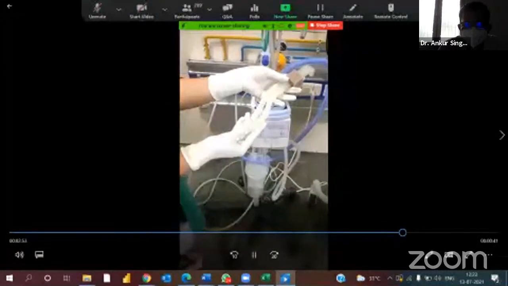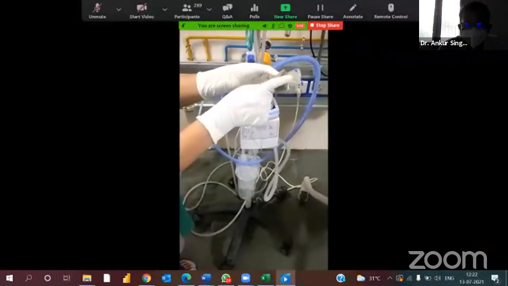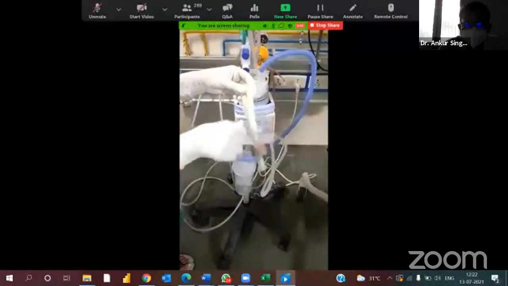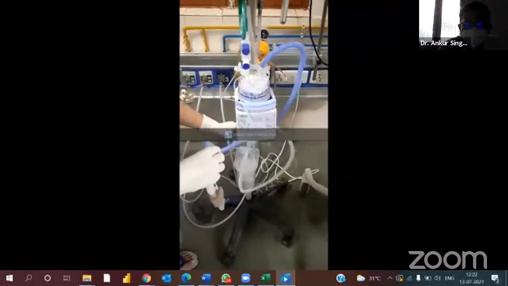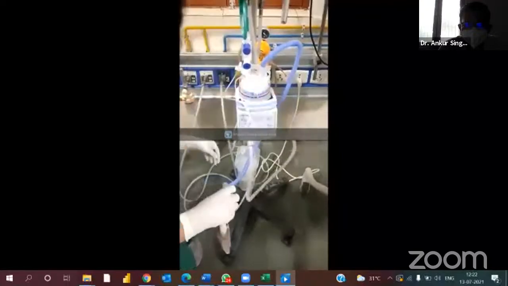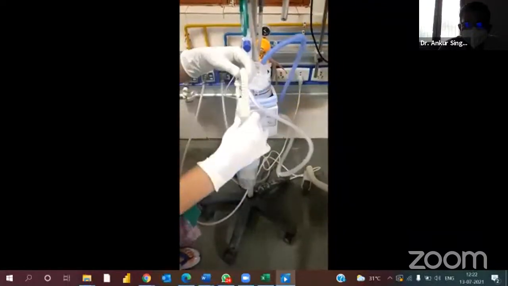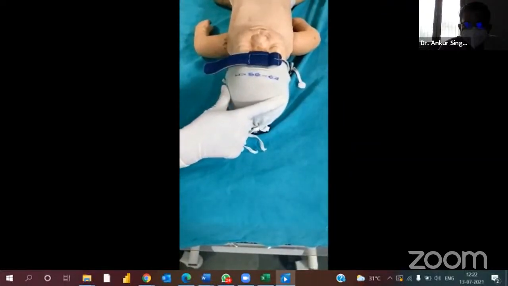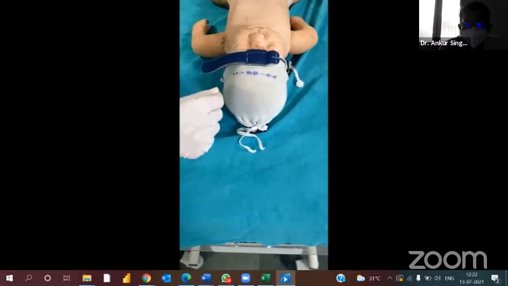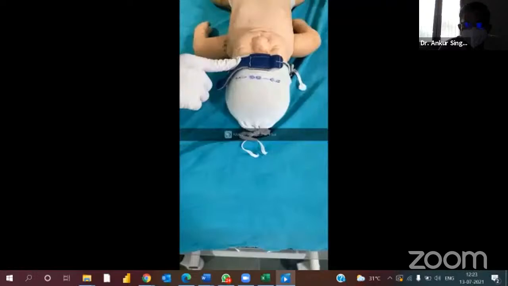These two ends are connected to the inspiratory and the expiratory limb, and this end is connected to the nasal prong or the nasal mask. Now connecting the patient interface, connect one to the inspiratory limb and the second to the expiratory limb. Now place the appropriate size bonnet over the baby's head. The bonnet should cover both the pinna properly and be placed just above the supraorbital margin. Velcro should be in the middle.